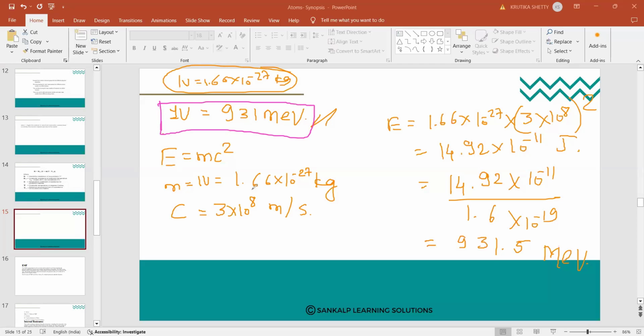So m is 1.66 into 10 raised to minus 27 kg, C is 3 into 10 raised to 8 meter per second. Use this, the answer comes in joules. To convert to electron volt, divide. So your answer is 1 U, or 1 AMU, is equal to 931.5, or some books round it to 932 mega electron volt.